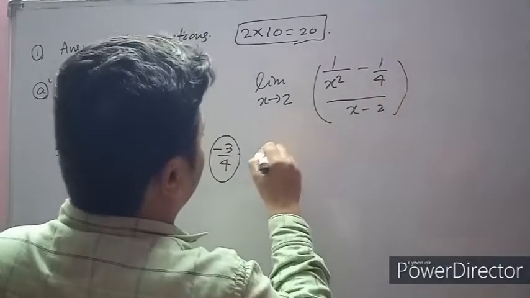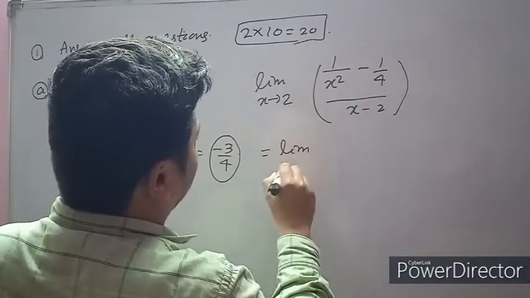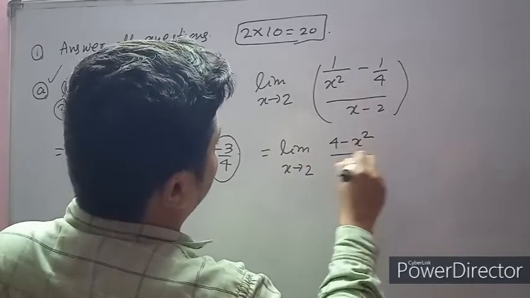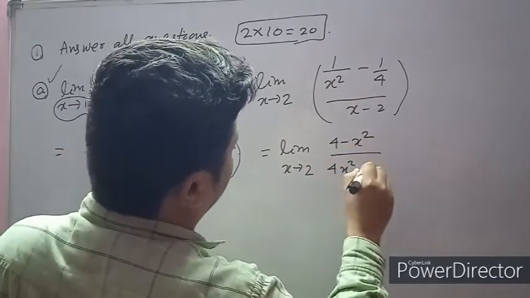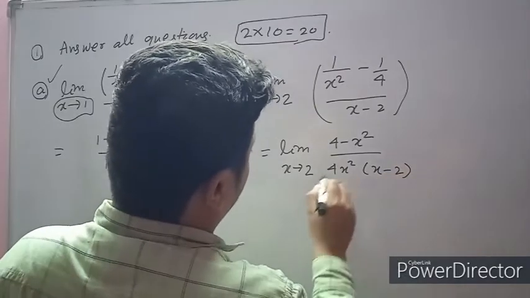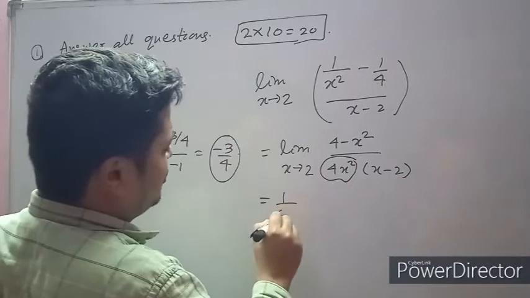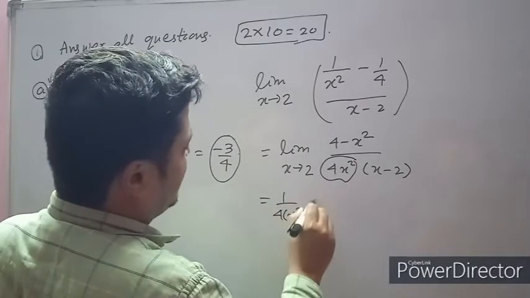So what you get? Limit x going to 2, (4 minus x square) by 4x square into (x minus 2). Here you can see, put x equal to 2, so directly you get 1 by 4 into 2 square.